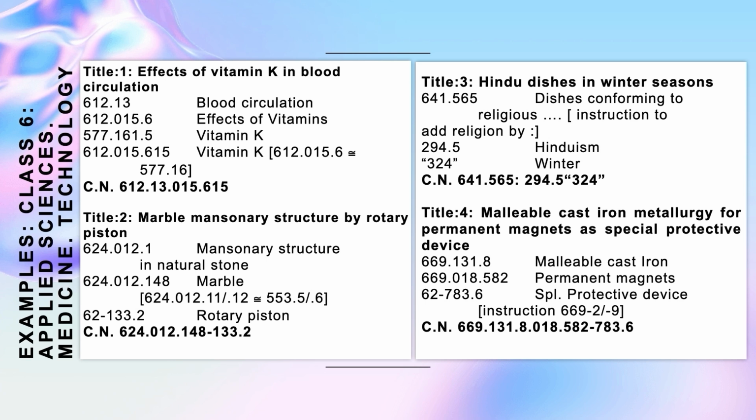Then title 4, the malleable cast iron metallurgy for permanent magnets as special protective device. So malleable cast iron class number is 669.131.8. Then permanent magnet 669.018.582 and special auxiliary, that is protective device, as instructed under 669-229, that is 62-783.6 is special protective device.